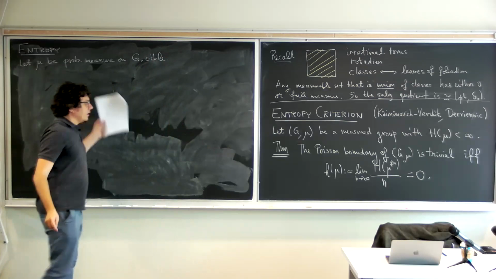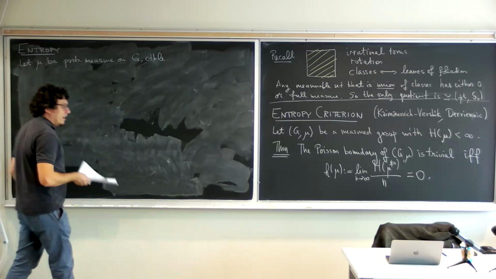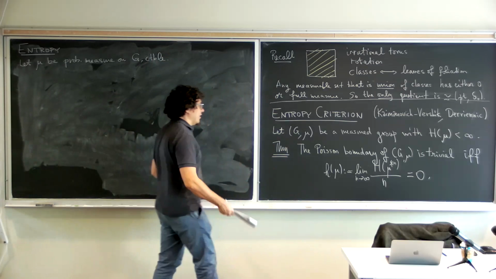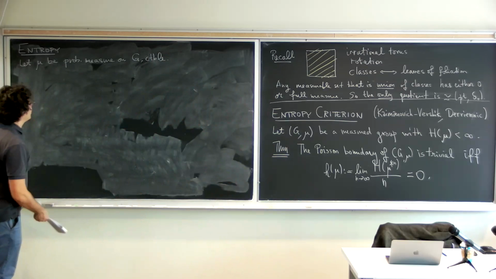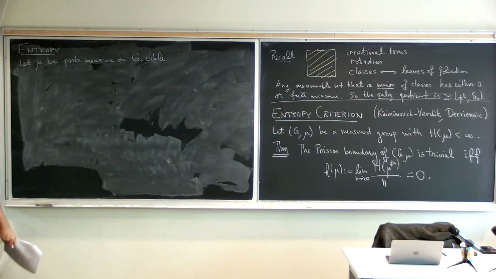In fact, the entropy theory for locally compact groups exists, and we proved a version of the entropy criterion recently for locally compact groups. So these things are still active areas of research, but for this course, we will just focus on the slightly easier case, which is the countable case.